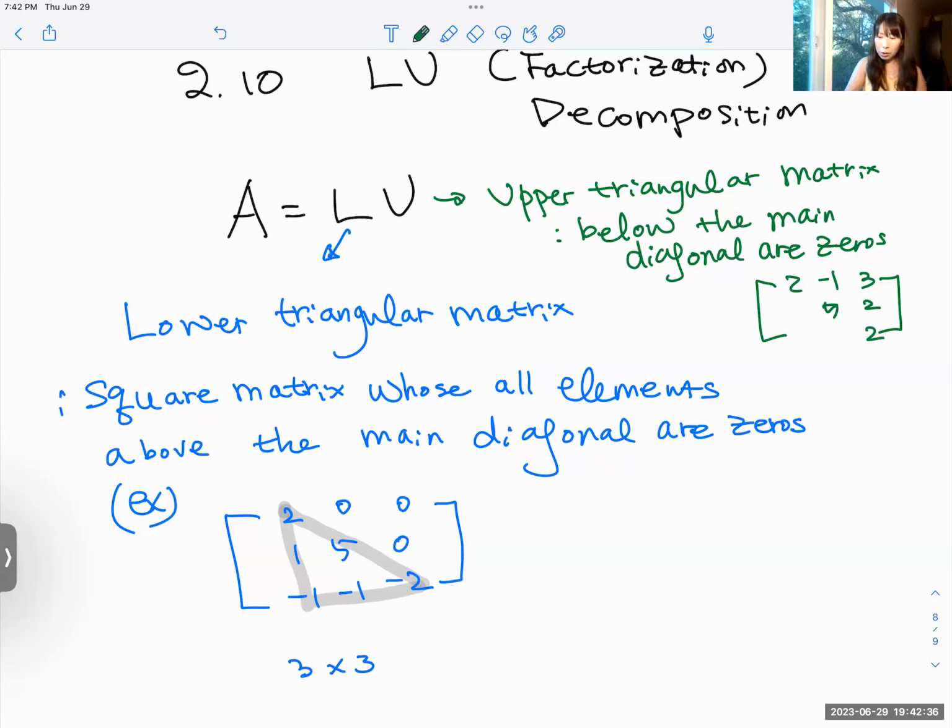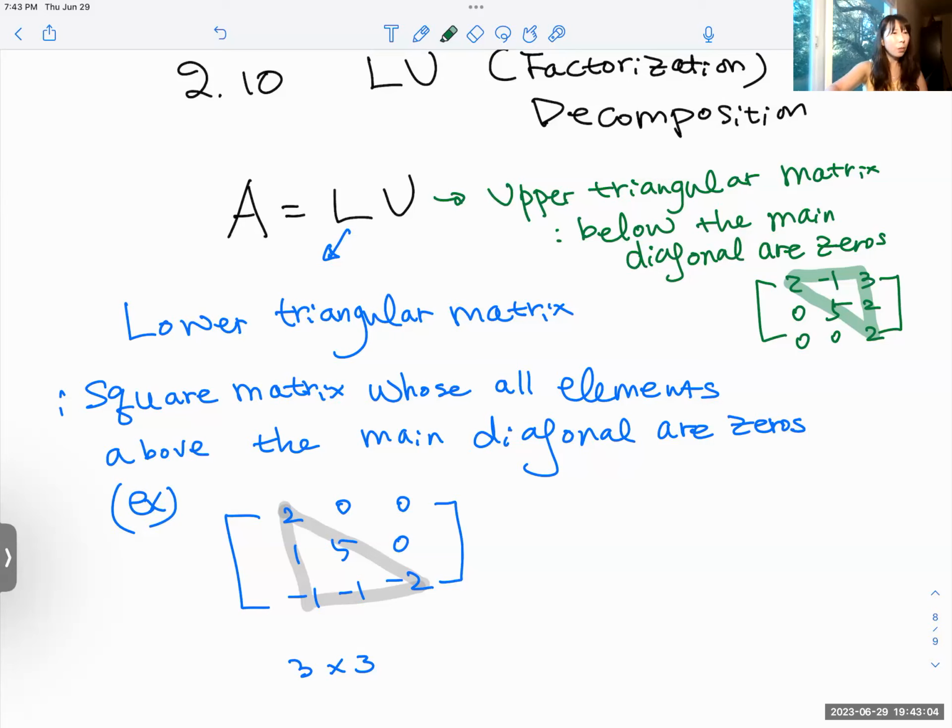Below the diagonal are 0, 0, 0, so we can draw a triangle on the upper part. So, lower triangular matrix, upper triangular matrix.